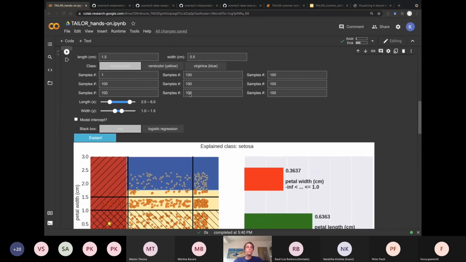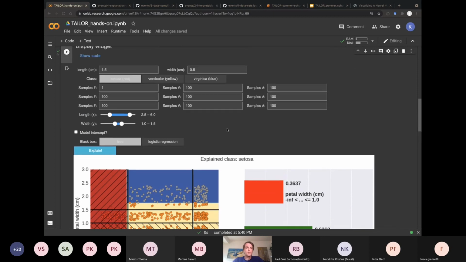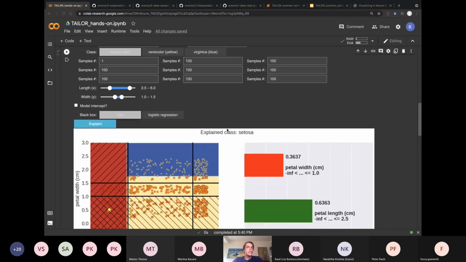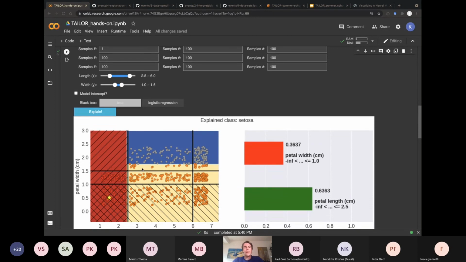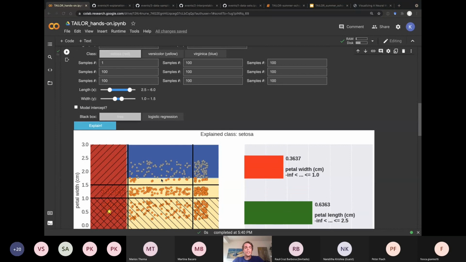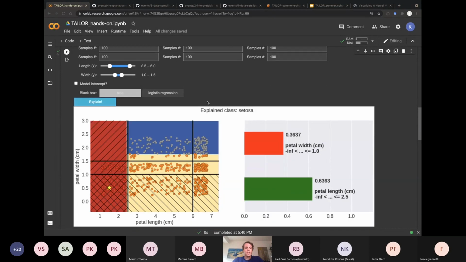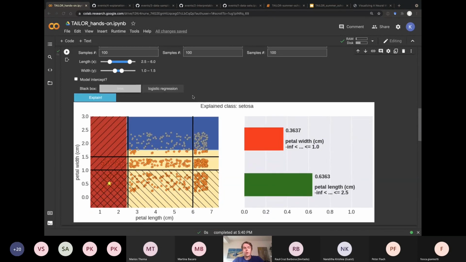There are two important factors in generating surrogate explanations for tabular data. One is the ability of your interpretable representation to approximate the black box decision boundary, and the black box decision boundary is the shading in the background. And the other one is the number of samples. You can use two black box models. So one is a decision tree, and it is only used because it has axis parallel splits.